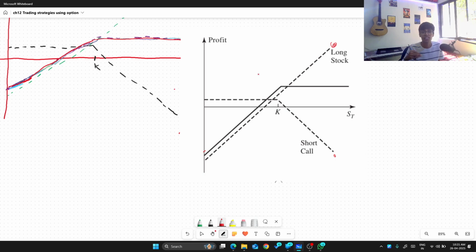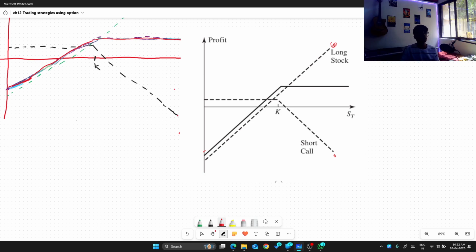So if the price drastically increases, the short call will protect us from a drastic increase of price. So our profit is capped, so it is protected. So it is also called writing a covered call, right?